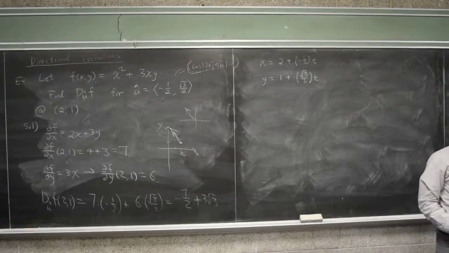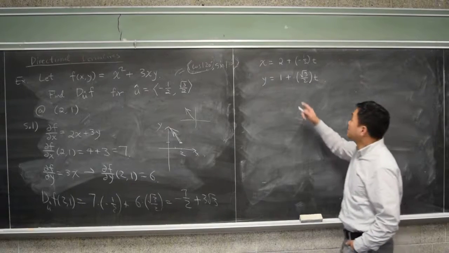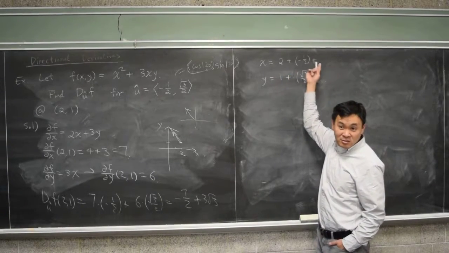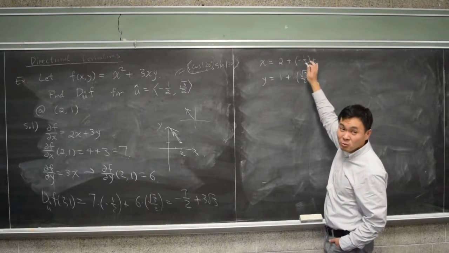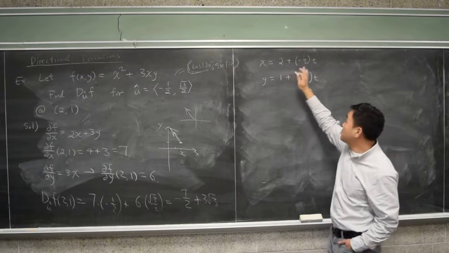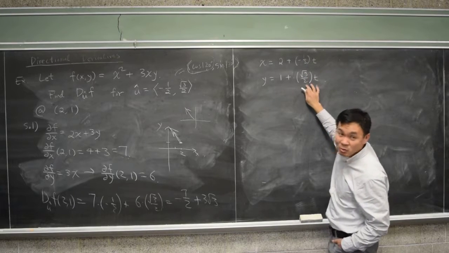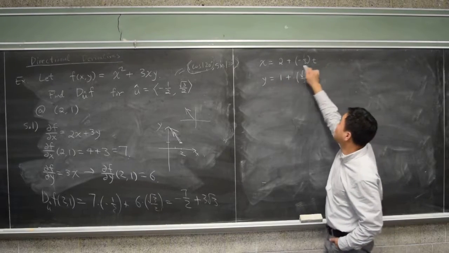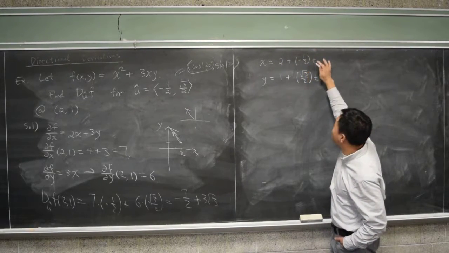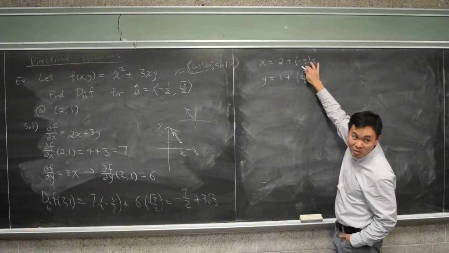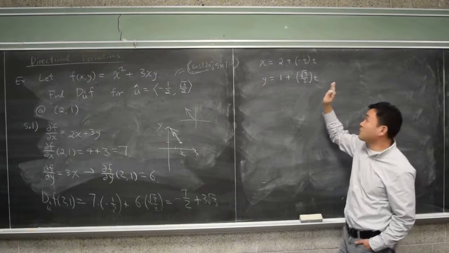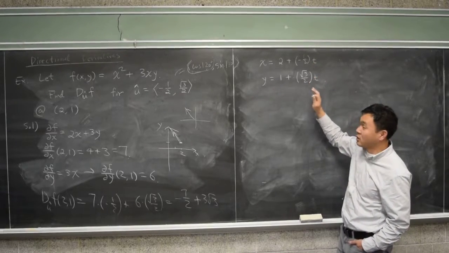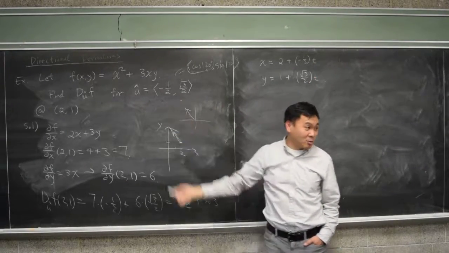So that's a particle that's starting at (2, 1) when t is equal to 0, right? If you differentiate it, you know that the velocity of this moving particle is (negative 1/2, radical 3 over 2). Because if you differentiate this, this goes away, and if you differentiate t, that's 1, so that's what you get, right? So if you differentiate each one of them, you get this velocity vector, which is exactly this one, right?